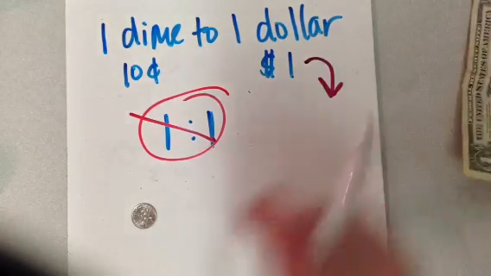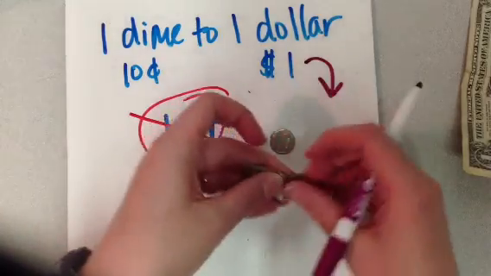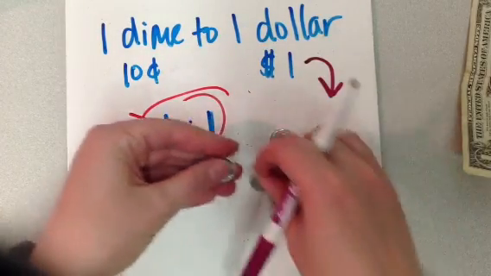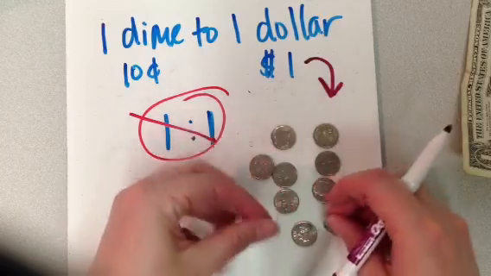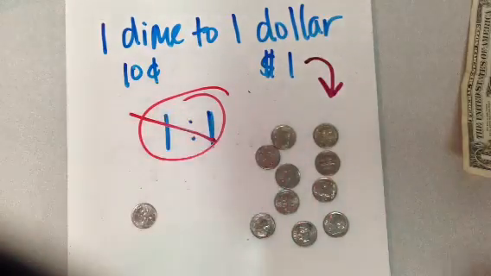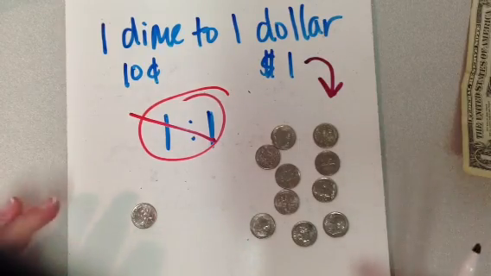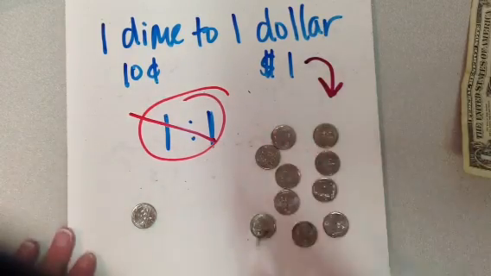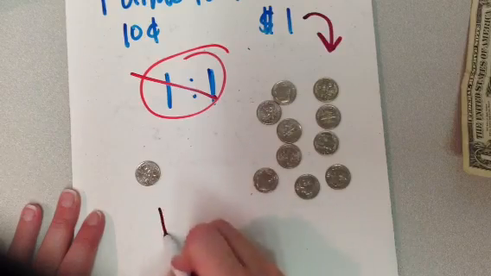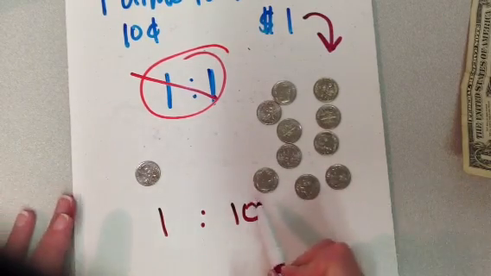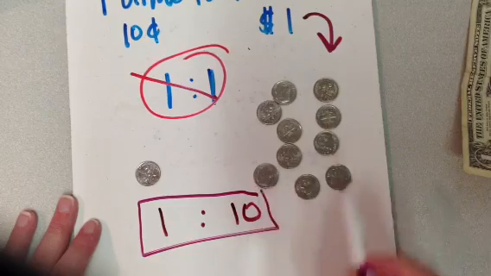Well, there are 10 dimes in $1, right? So if I have 1 dime and I'm comparing it now to 10 dimes, that would make my ratio 1 to 10, right? And this is the correct answer.